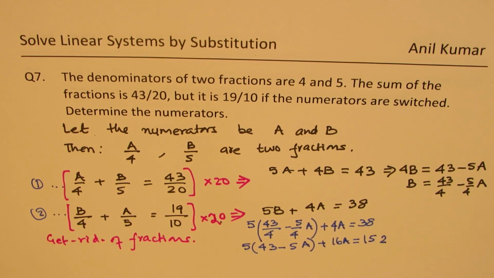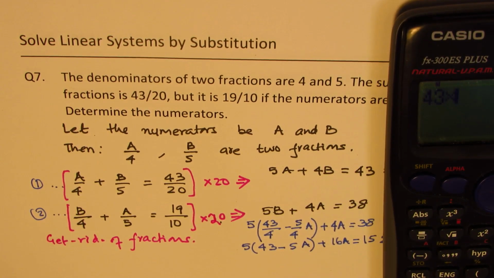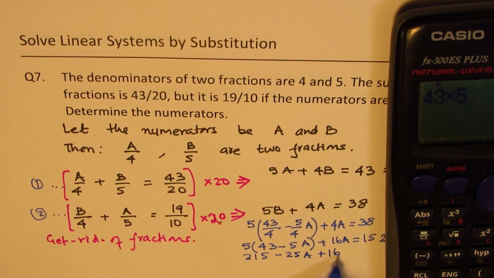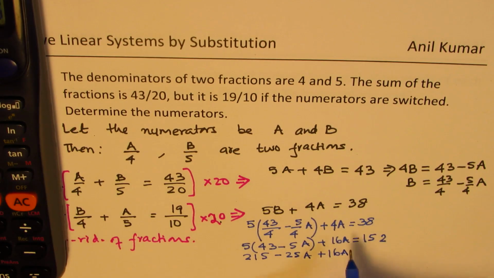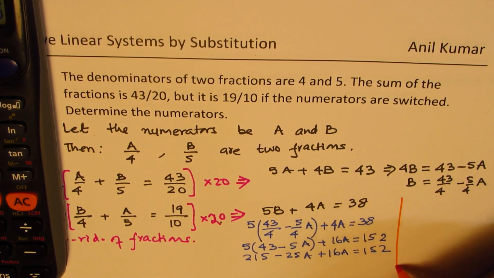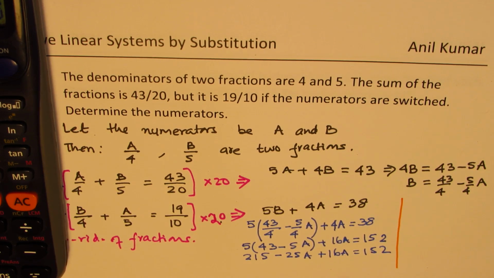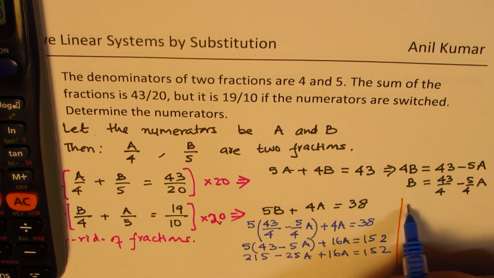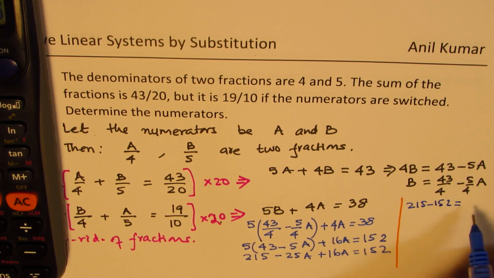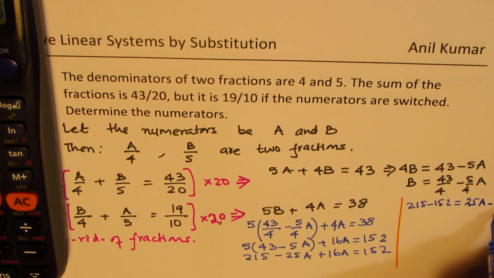So 43 times 5 equals 215. So we get 215 minus 25a plus 16a equals 152. Let's take the a terms to this side to solve for a. So we have 215 minus 152 equals 25a minus 16a, correct?